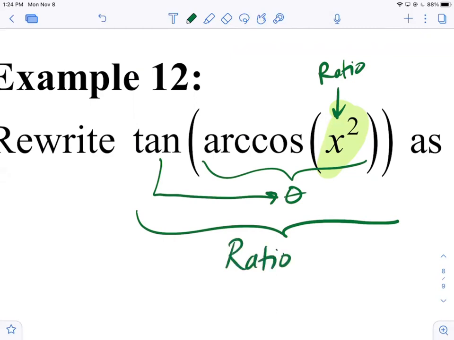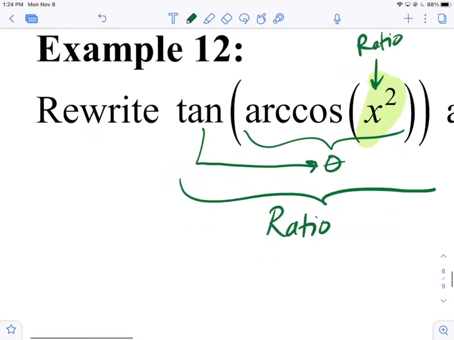So we're starting with a ratio, and we're going to end with a ratio. So what we're going to do is write the whole thing as a ratio so that we don't have to even get trig involved. If you plugged in an x like 1 or 0 for somebody, they'd say, I don't know any trig. But if you hand them an expression that algebraically they can just plug and chug, they could probably handle it. So that's what we're going to do.